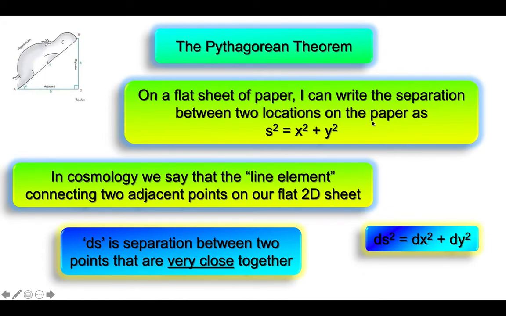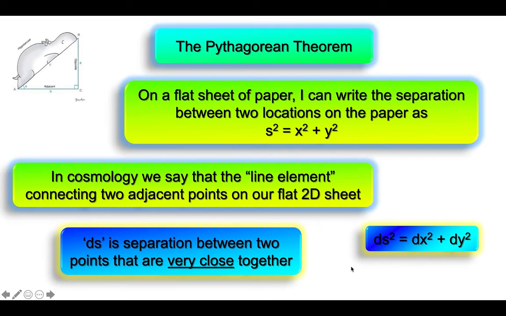So the only difference between the usual Pythagorean theorem that could apply to a triangle like this and what I wrote here is that we usually want to use very teeny tiny quantities, because I could take any arbitrary curve, whether it's very interesting or just a simple curve, and imagine it as many really small steps.